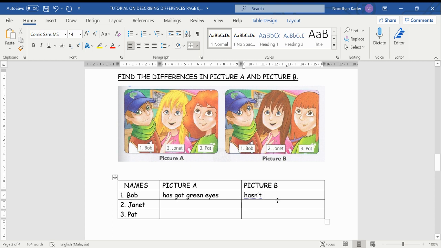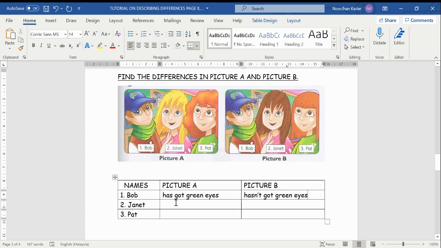Bob hasn't got green eyes, because we have to follow the features in picture B. Actually, Bob has got blue eyes. He hasn't got green eyes.